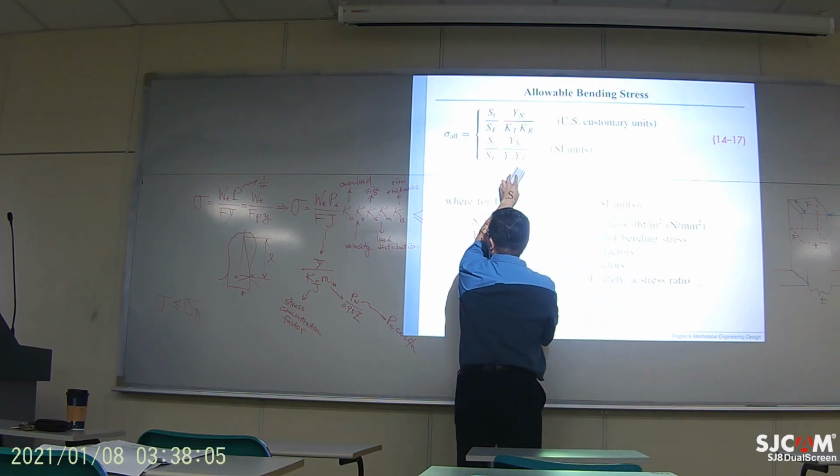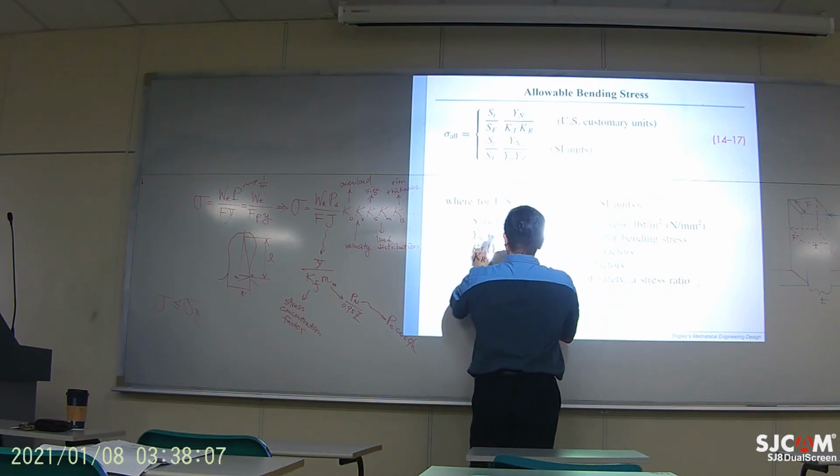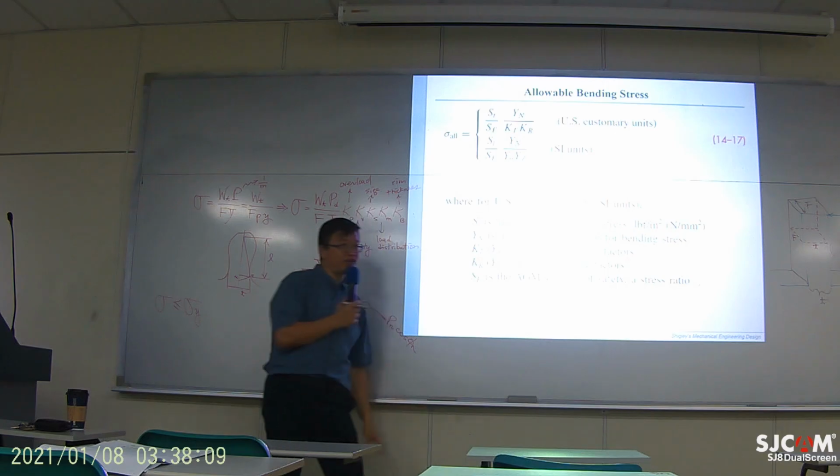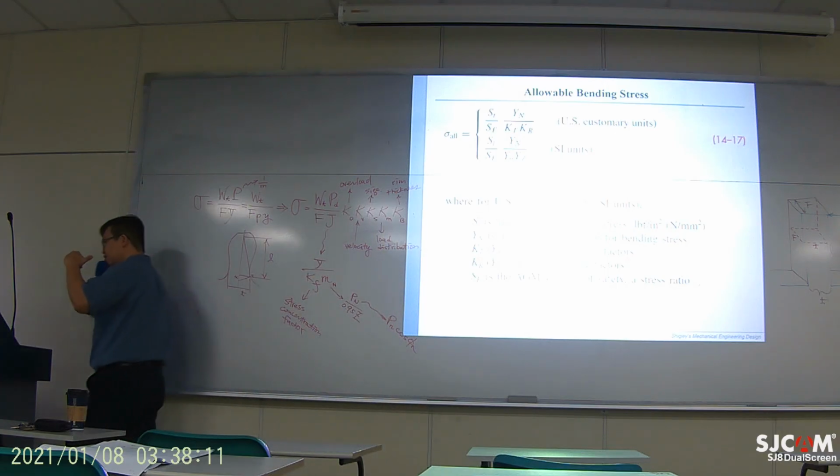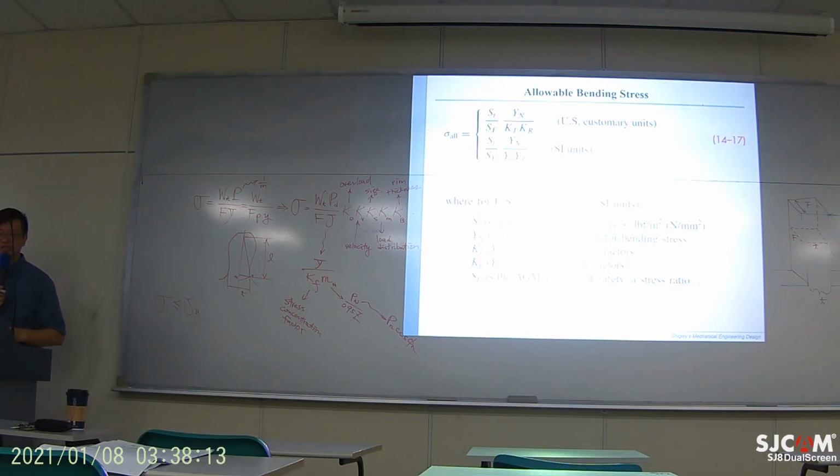Okay? So let me get rid of this. There's another kind of failure. It's surface wear. I'm not going to cover too much about surface wear because at the beginning of the semester we didn't talk too much about stress concentration due to contact.